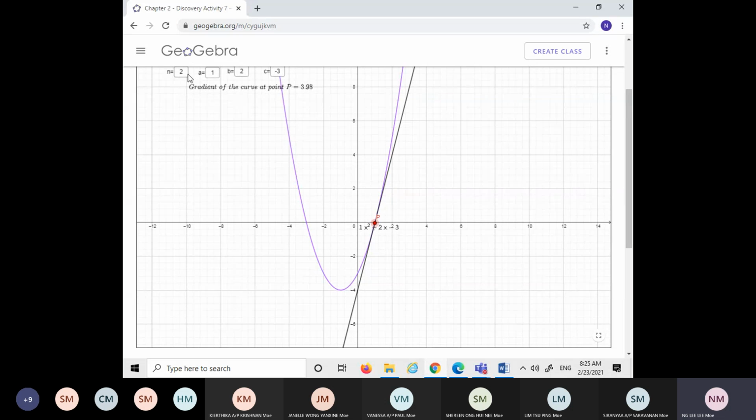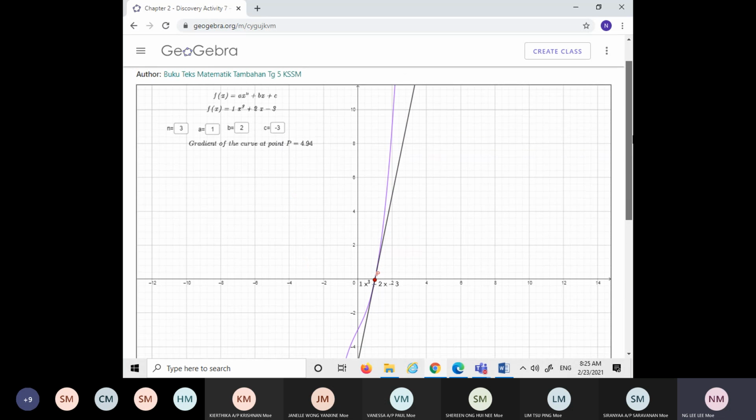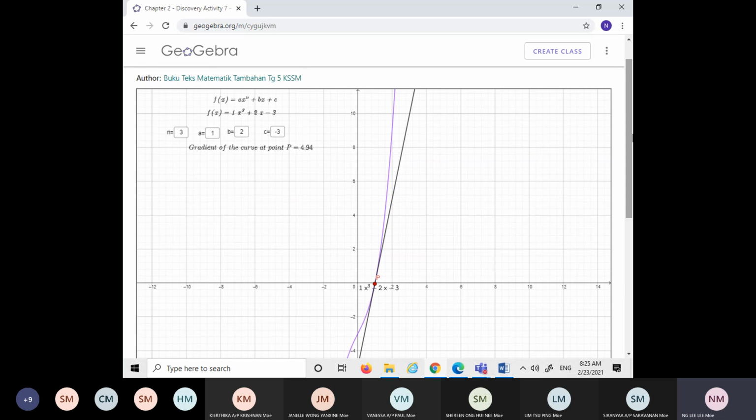Now the n is power 3, so change to power 3. So what will happen? Power 3 is 1, correct? Power 3, power 2, none. So the x also none. So this is 0. Then the number is 4.